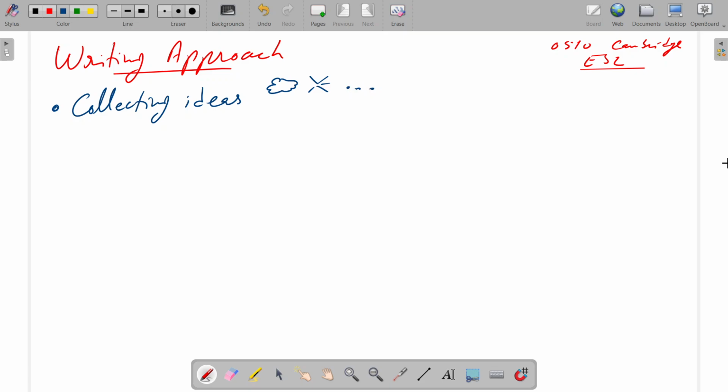But the point is that you collect your ideas, and in collecting your ideas, not only are you going to talk about the main points of whatever the topic is, you're also going to talk about, for example, the vocabulary that you want to use. So that's important, right? And for vocabulary, I explained the last time that there's general vocabulary and then there's topic specific vocabulary.